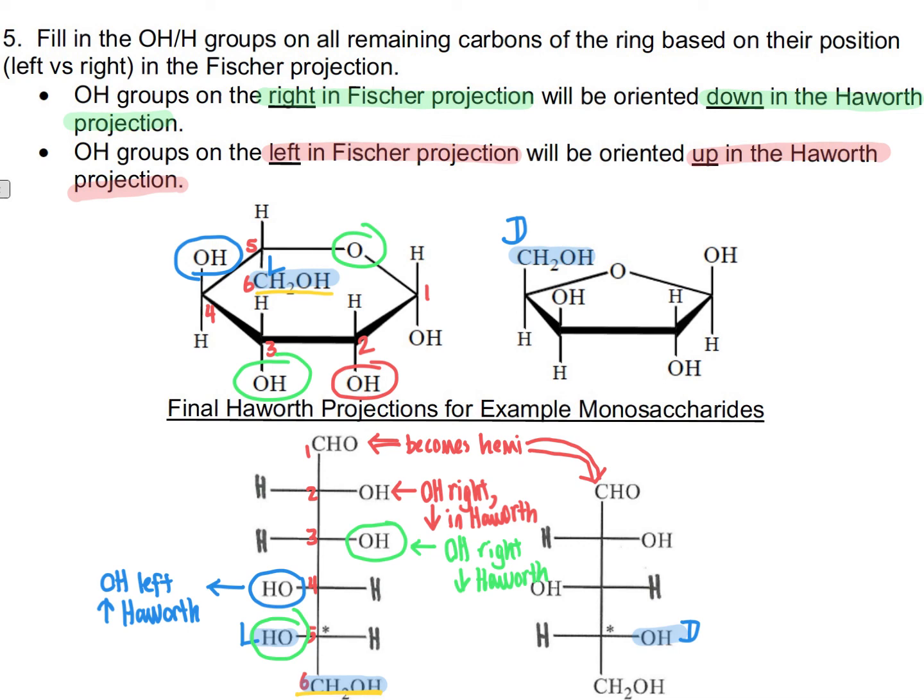When we are numbering our carbon chain, 1, 2, 3, 4, 5, in the case of this 5-carbon sugar, starting with the hemiacetal, we keep in mind that if the OH group is on the right, it's going to be down. So right in the Fischer projection becomes down in the Haworth. On the other hand, left in the Fischer projection becomes up in the Haworth.